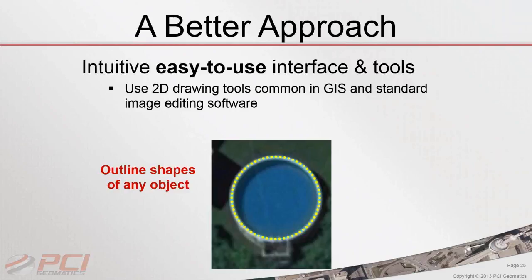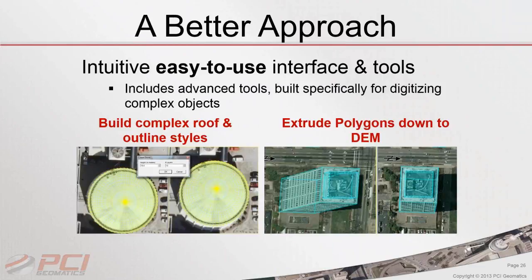On the left we see a dome feature that is generated. And the other thing that we can do, obviously, is extrude down the geometry from the tops of the buildings to the ground, to the digital elevation model, so that we have a proper 3D building that's extruded all the way down to the ground.